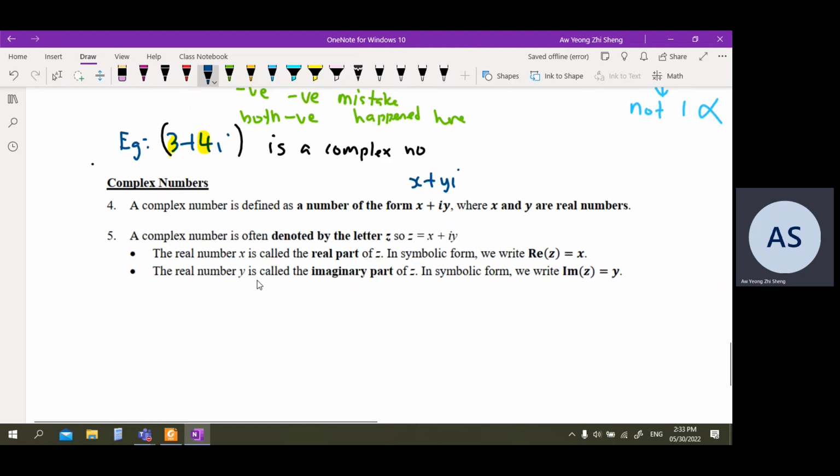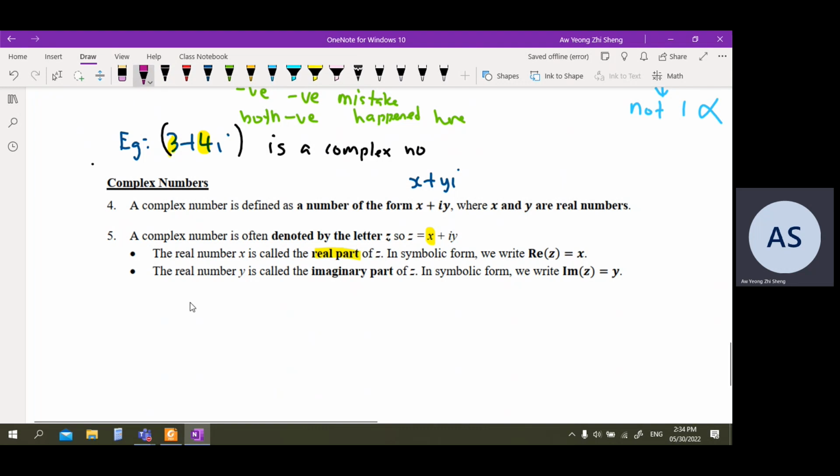Point number 5 says a complex number is often denoted by the letter z. So it's common to write z equals x plus yi. The real number x, the part that doesn't contain i, is called the real part of the complex number z. In symbolic form, we write Re bracket z equals x.